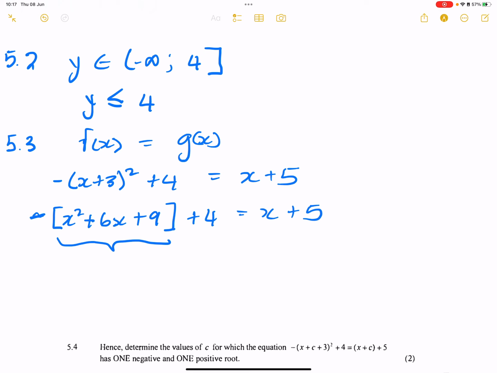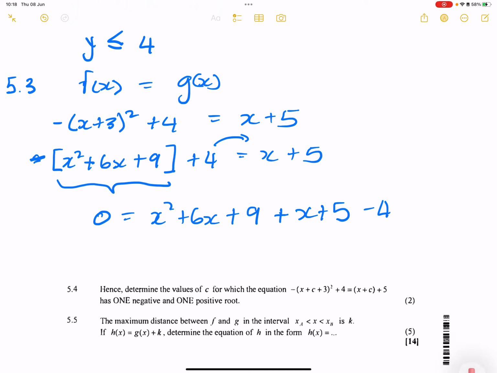And of course, when we do that, I'm going to take it as a group, the negative will actually move away. So I will have 0 on this side, which is equal to x squared plus 6x plus 9. Okay, so if I take the 4 to the other side, it becomes negative. So I'll have plus x plus 5 minus 4. And remember, all of this is equal to 0.